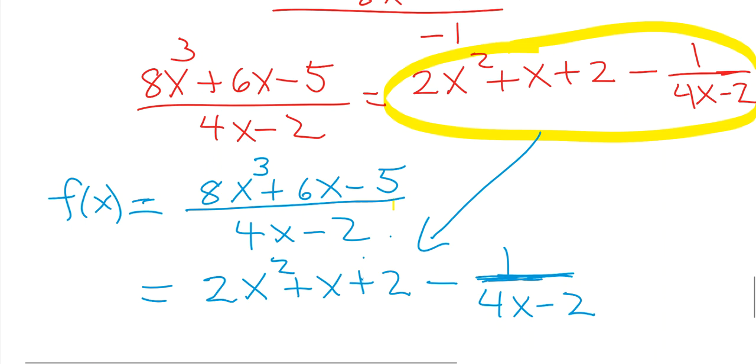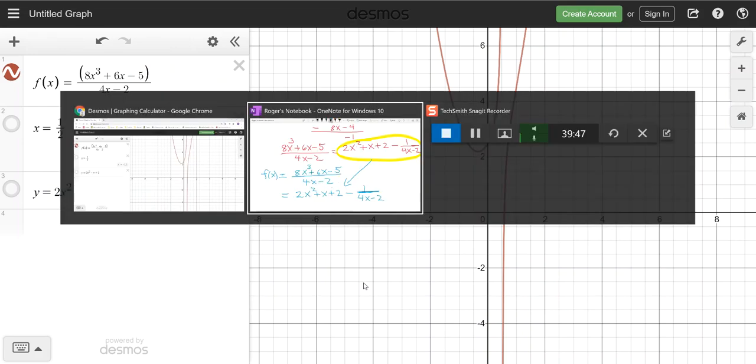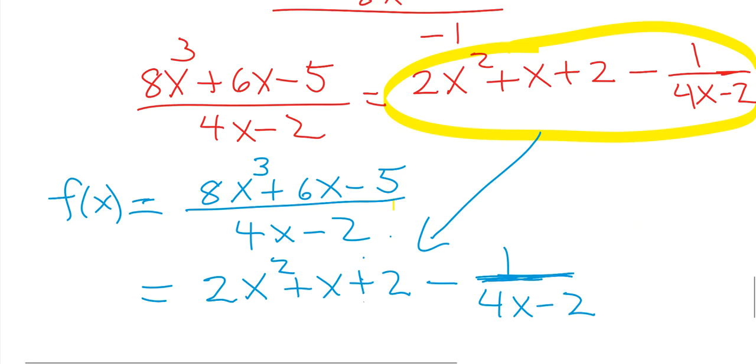So what if I do this? Looking back at the graph, look at our Desmos graph a little bit. First off, remember we said that x cannot be equal to what?